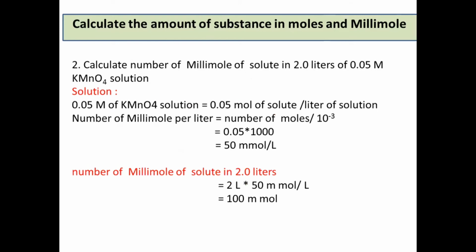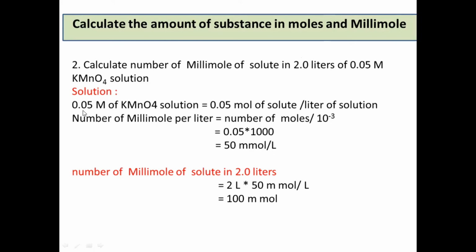Next, we can calculate again, with the same concept of moles and millimoles, for a particular substance in liters from the given molarity. Here, calculate the number of millimoles of solute in 2.0 liters of 0.05 molar KNO4 solution. They have given the molarity and the quantity of that solution.